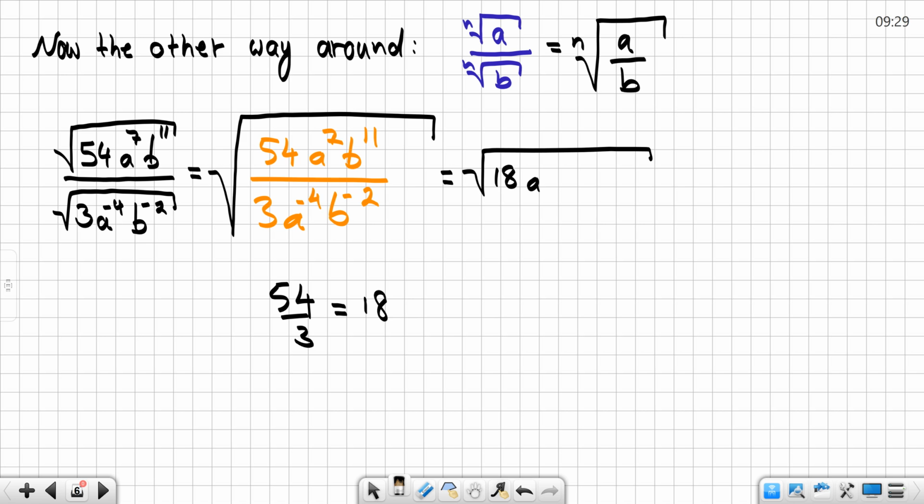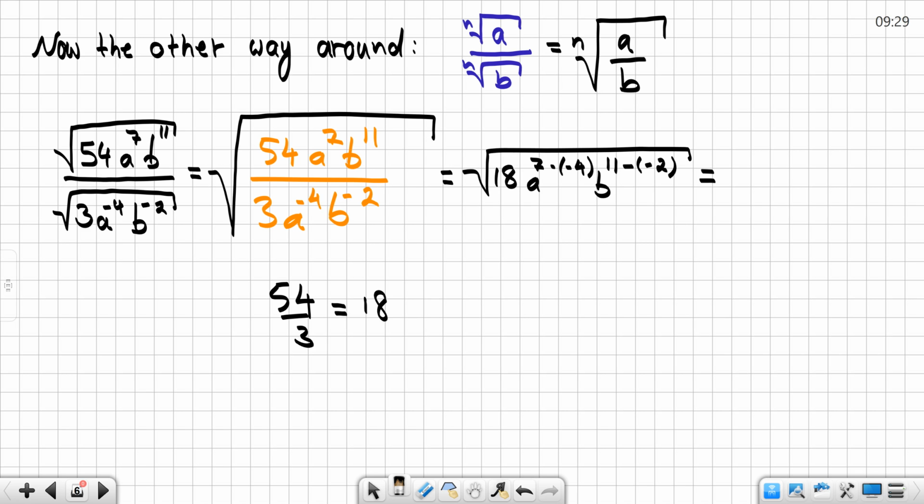Now with the variables, that's a little bit easier. Top minus bottom, remember that. Top is 7. In the denominator, I have a negative 4. So I have minus a negative 4. B raised to the 11th minus a negative 2.